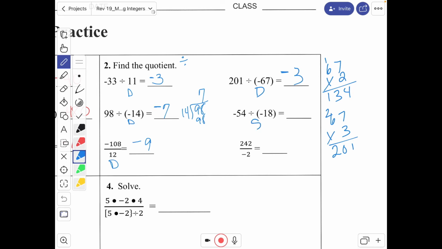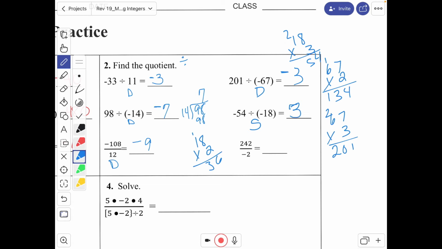Negative 54 divided by negative 18. The signs are the same, so the answer is going to be positive. And 18 times what gets me 54? 2 is too small, so let's try 3. 18 times 3, 54. So that's positive 3.